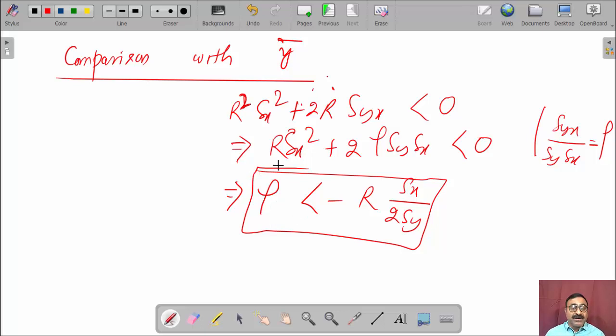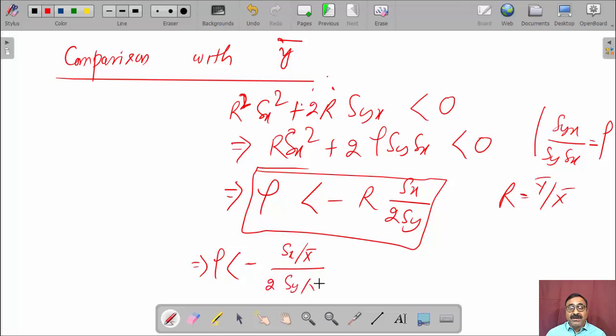So we can take r equal to y bar by x bar. Using this, rho is less than minus sx by x bar divided by 2 sy by y bar.